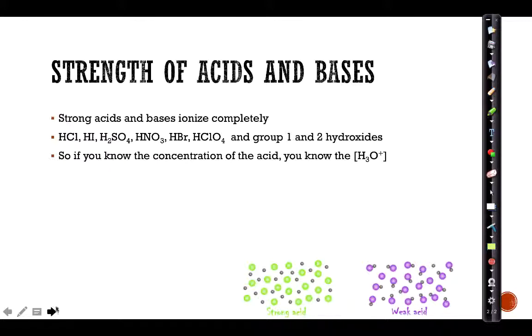So if you know the concentration of the acid, you know the concentration of the hydronium. So if I have a 1 molar solution of hydrochloric acid, I know that I have 1 molar hydronium, because when I put that into water, that's what I'm going to make. I'm going to make all the hydronium, and I should not have any HCl actually in the solution.